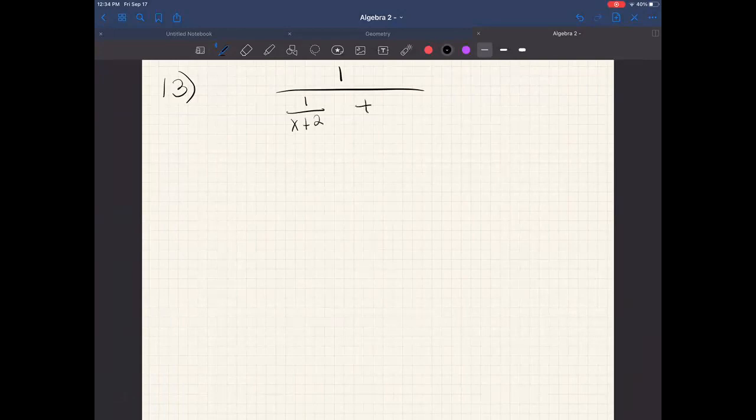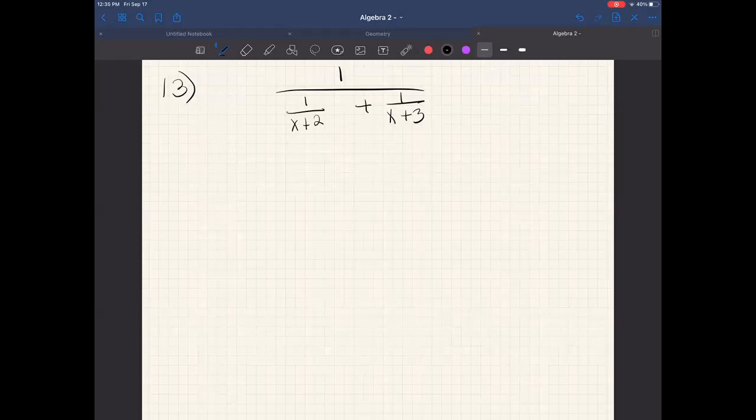Okay, so we have 1 over x plus 2 plus 1 over x plus 3. But the nice thing is it says, if x is greater than 3, which of the following is equivalent? So I can pick whatever value I want for x as long as it's greater than 3.